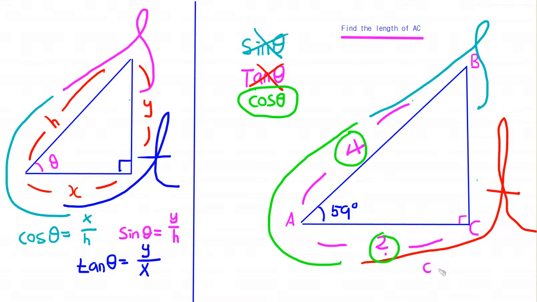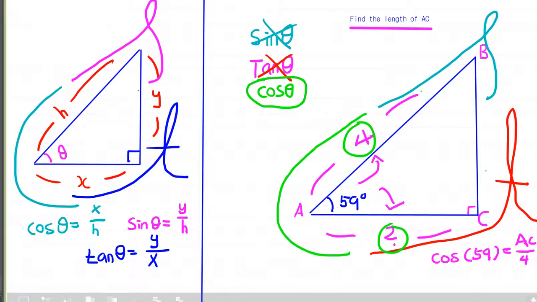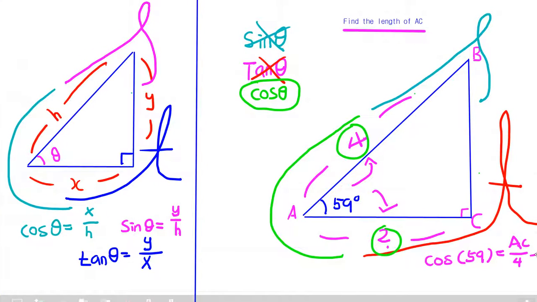The cosine of the central angle, which is 59 degrees, should be equal to cosine, adjacent side AC over the hypotenuse, which is 4, and we can multiply 4 to both sides in order to isolate AC on the left side. So the 4 is going to cancel out on the left side. 4 times cosine of 59 is going to be equal to AC.